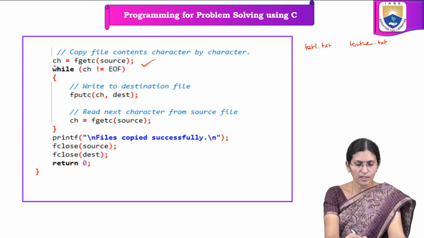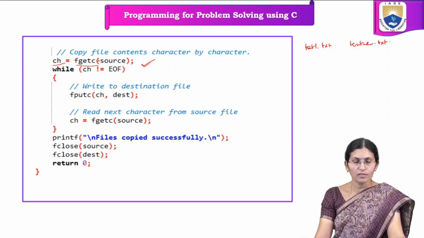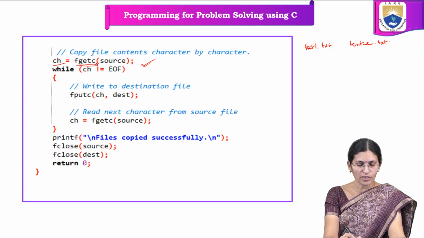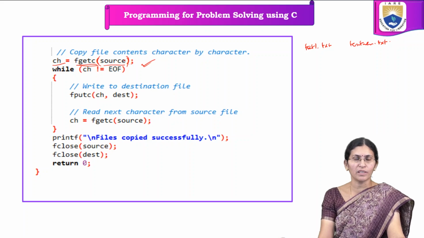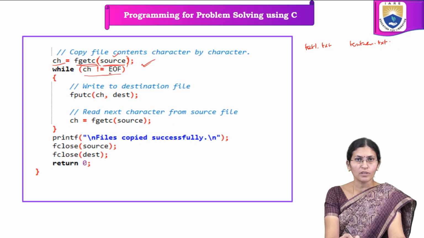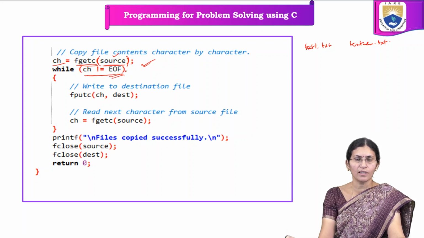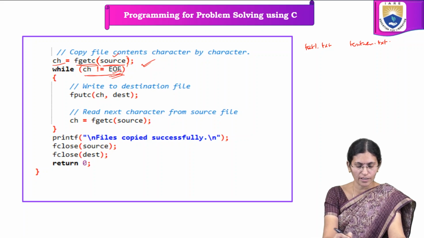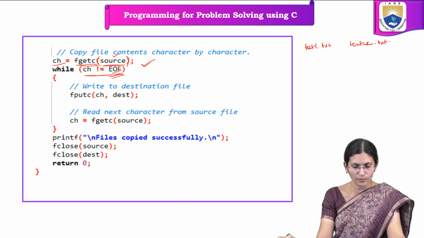We have declared a character variable ch, and with the help of the fgetc function, which takes one parameter, a file pointer, we read. The file pointer name is source here. In the while loop we have included this condition: we will go on reading while ch is not equal to EOF. EOF is the end of file character. It indicates whether the end of the file has been reached or not.